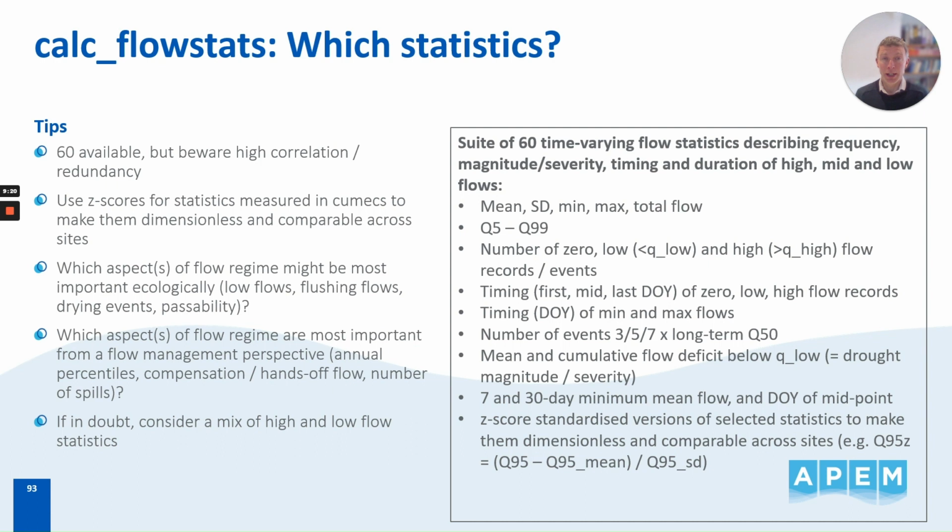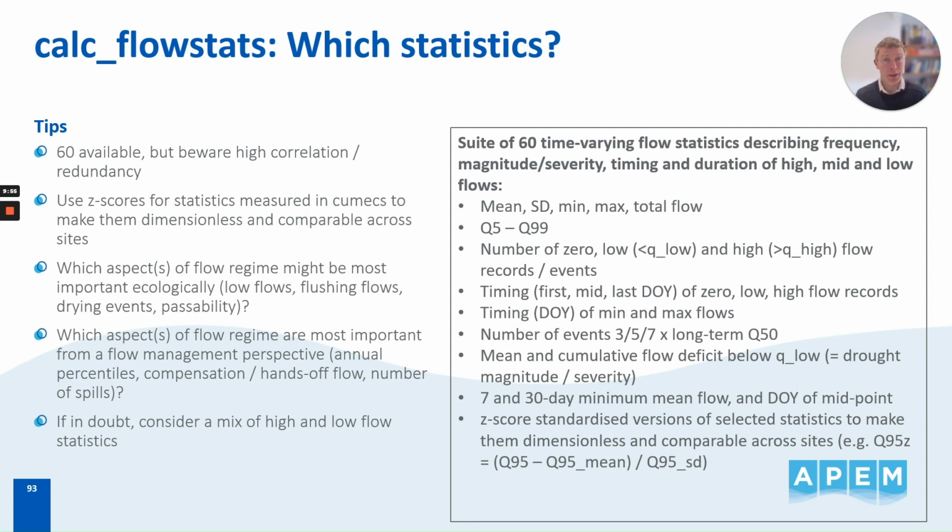Maybe we're dealing with an intermittent system, in which case it's the frequency and timing of drying events which might be most important. Or if we're dealing with species which are very migratory or mobile and there are barriers in our catchment, then defining flow statistics which can help to define the passability of those barriers may be most critical. Again, there's no right and wrong way of doing it. It's horses for courses, and you can choose different flow statistics based upon your own understanding of the ecological system.